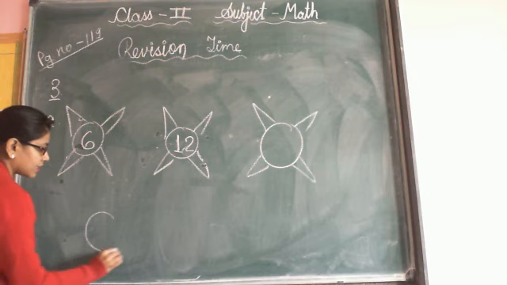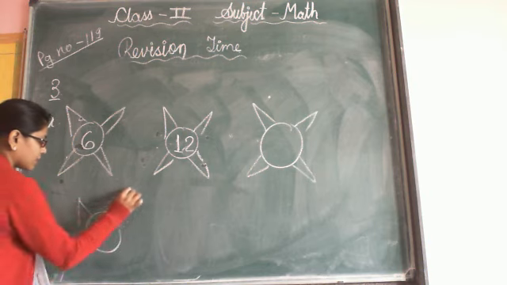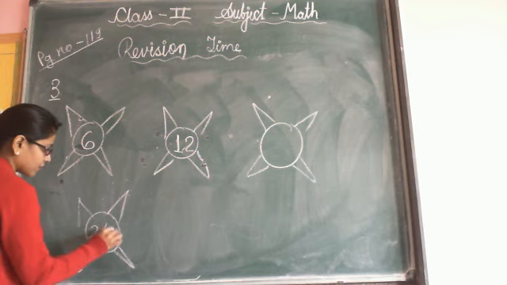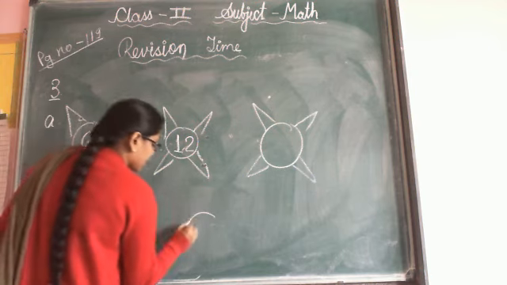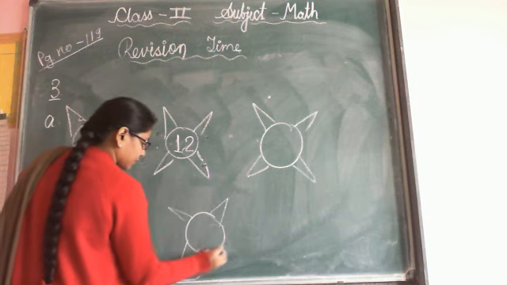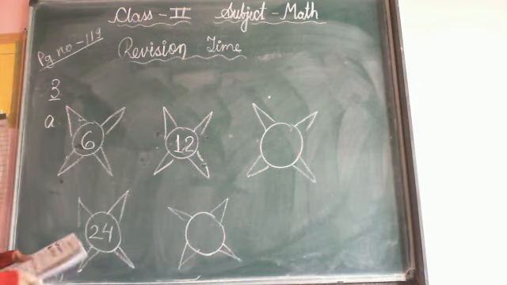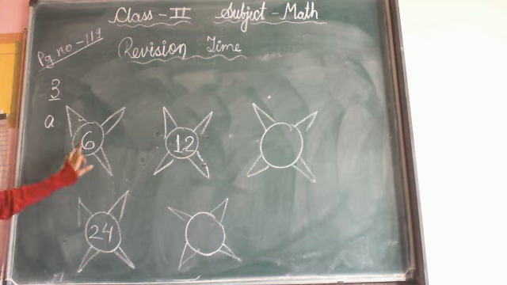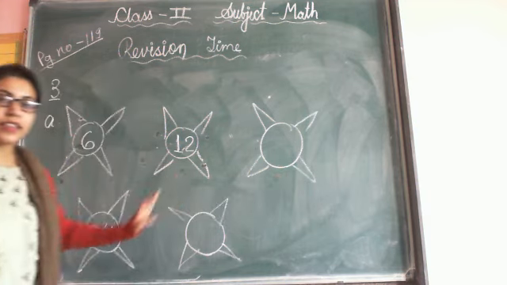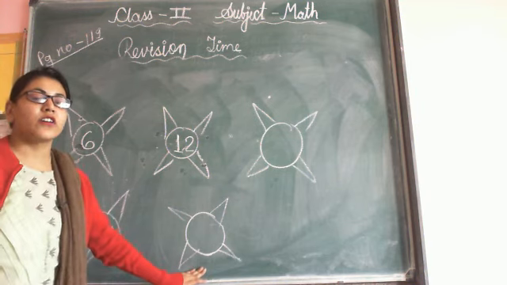The next number is 24. Then once again the last one is blank. Okay. So 6, after 6 the next number is 12, then there is a blank, then 24, then blank.